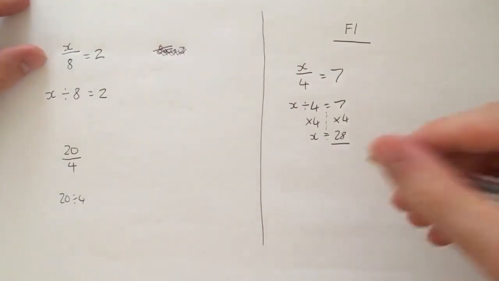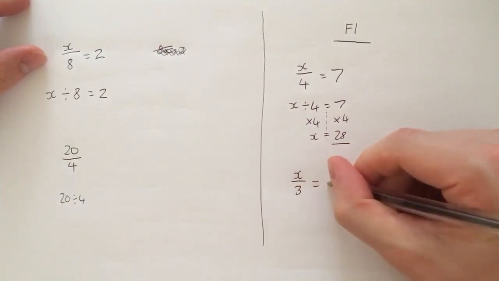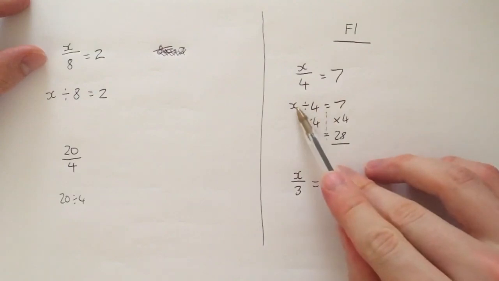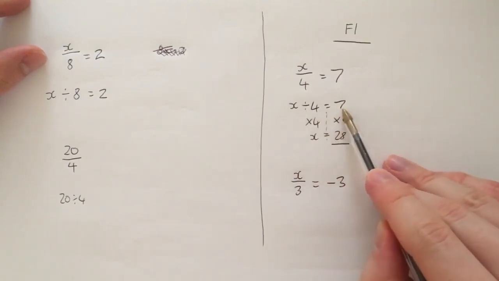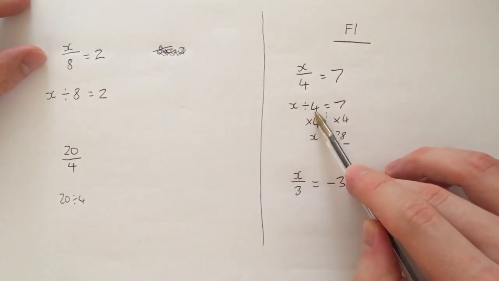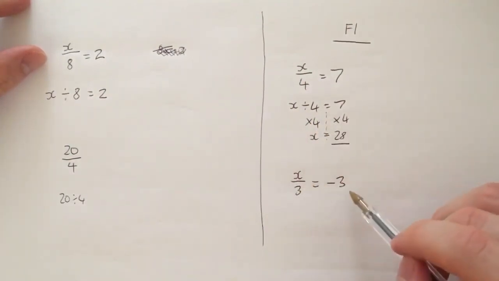Okay? Another one. X over 3 equals negative 3. Again, to be clear, you don't have to rewrite that if you don't want to. Some of you might find it easier, some of you might not. For this one, let's just say I don't do that.